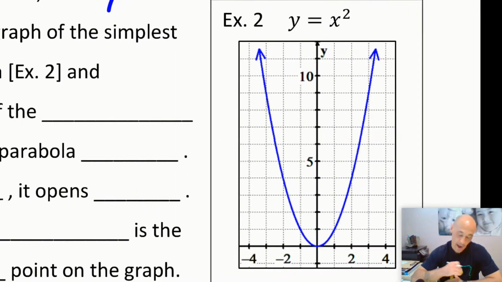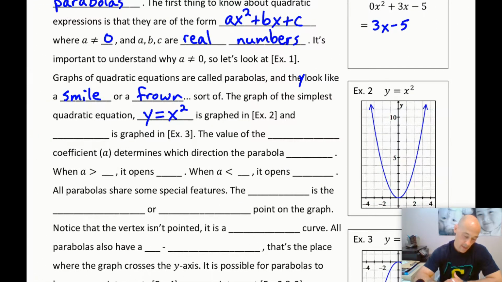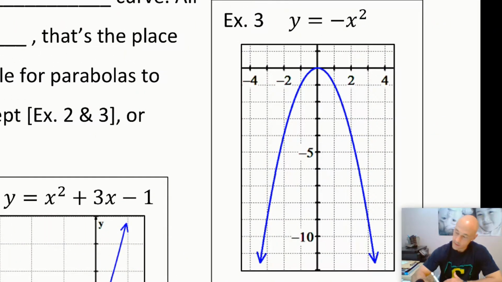So this is the graph of y equals x squared, and notice it looks like a smile. Okay? And y equals negative x squared is graphed in example 3. And notice that that kind of looks like a frown.